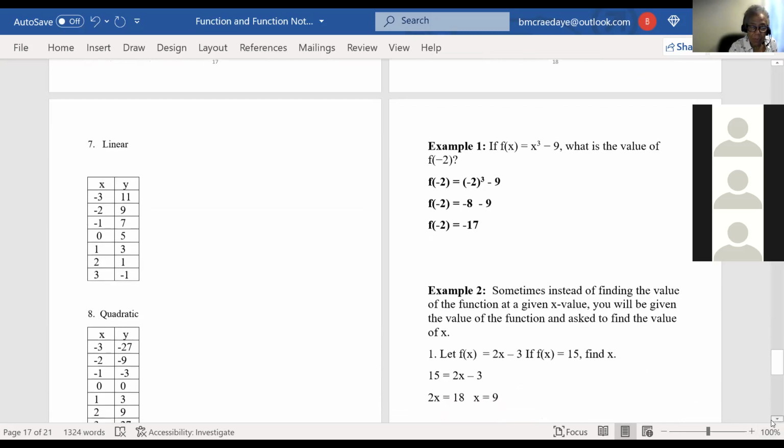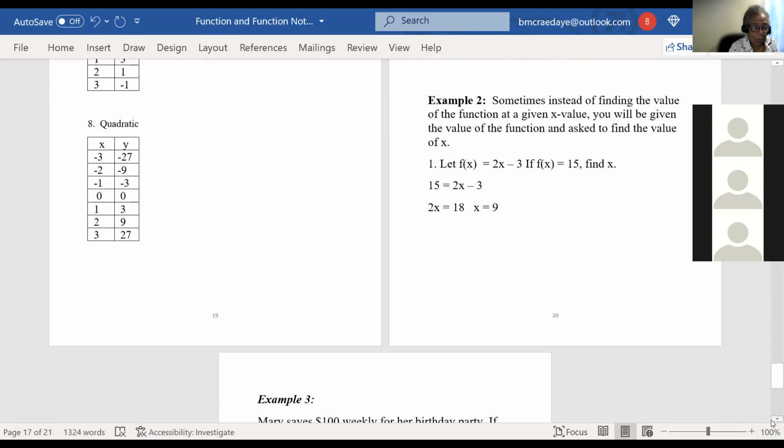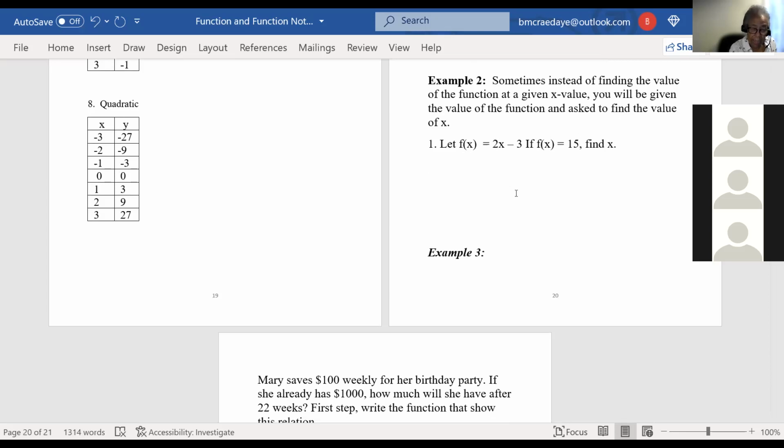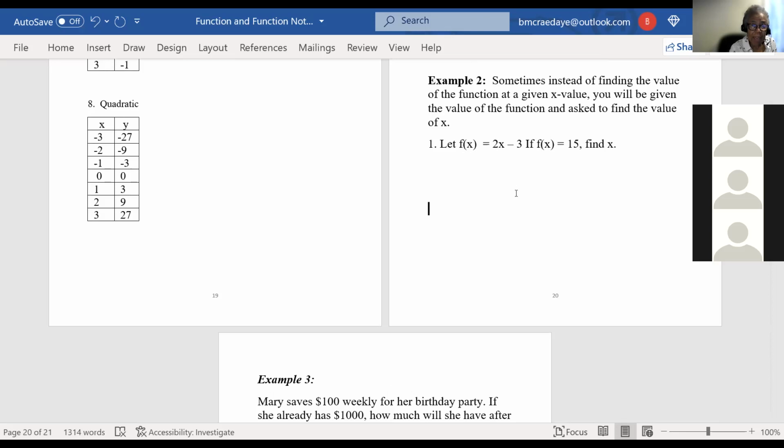Sometimes you're given the value of the function, and you find the value of X, like this one. Now, I gave you f of X and I say if f of X is 15, find X.